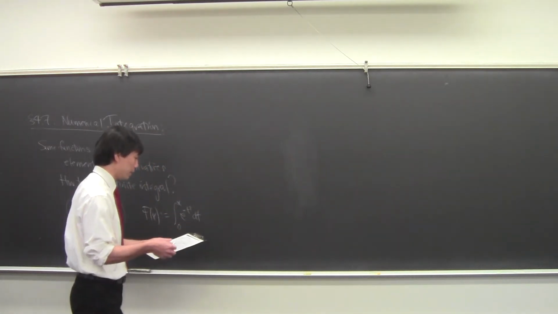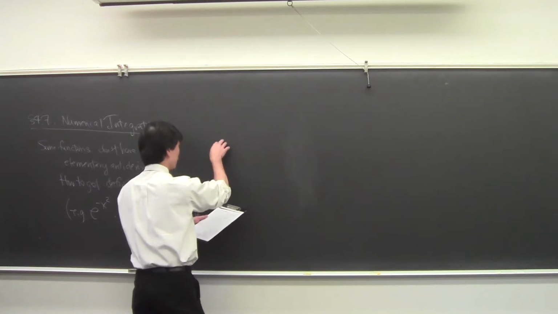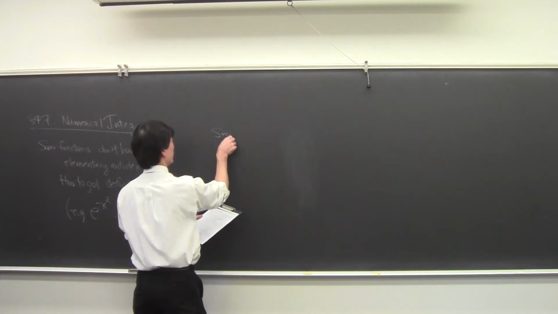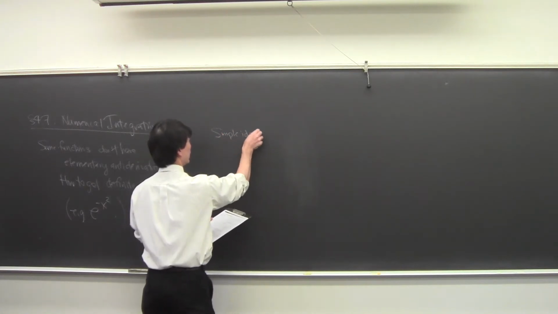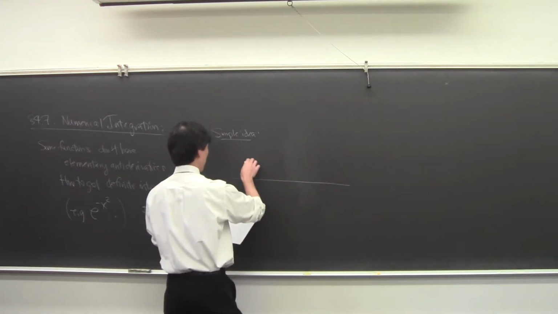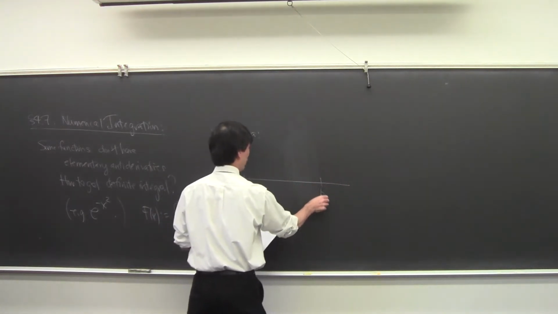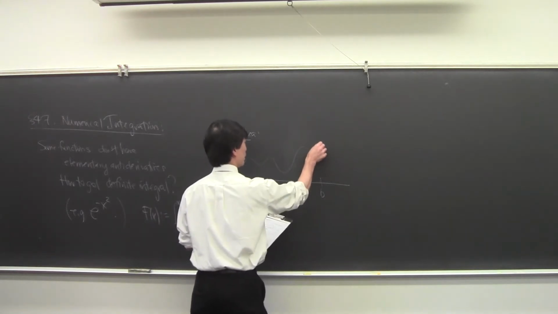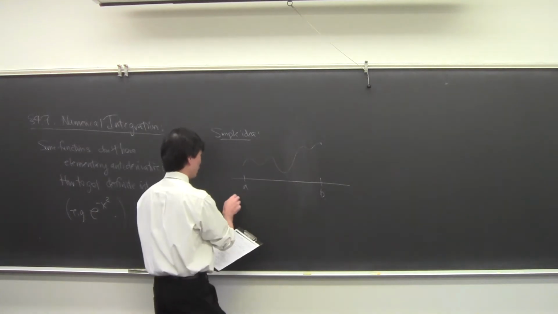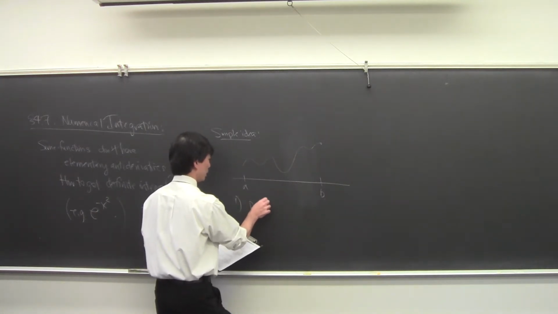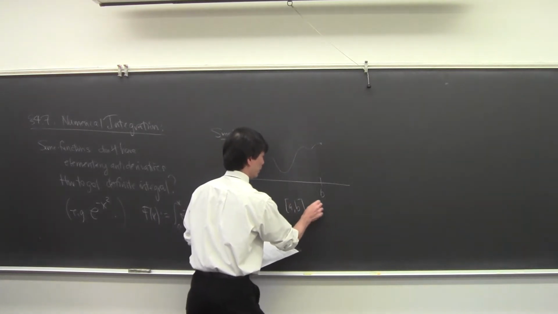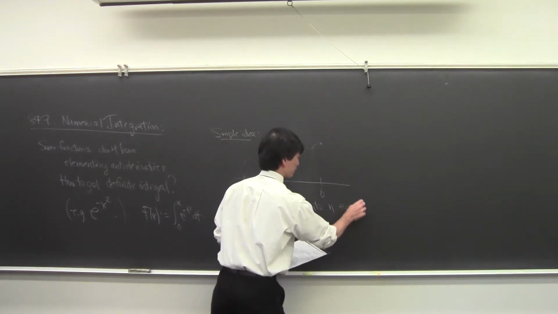Okay, so how do you get the definite integral? There are a couple of approximations. So here's a sort of simple idea: if you have a function over [a, b], then partition [a, b] into n equal parts.